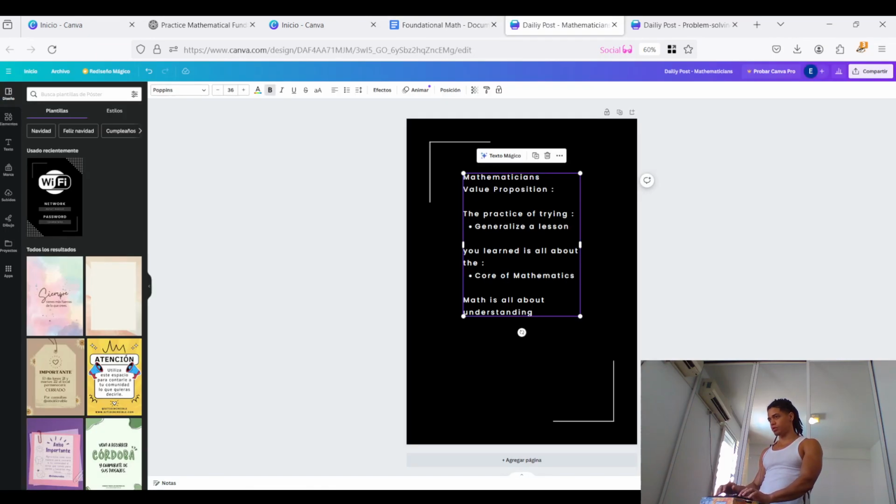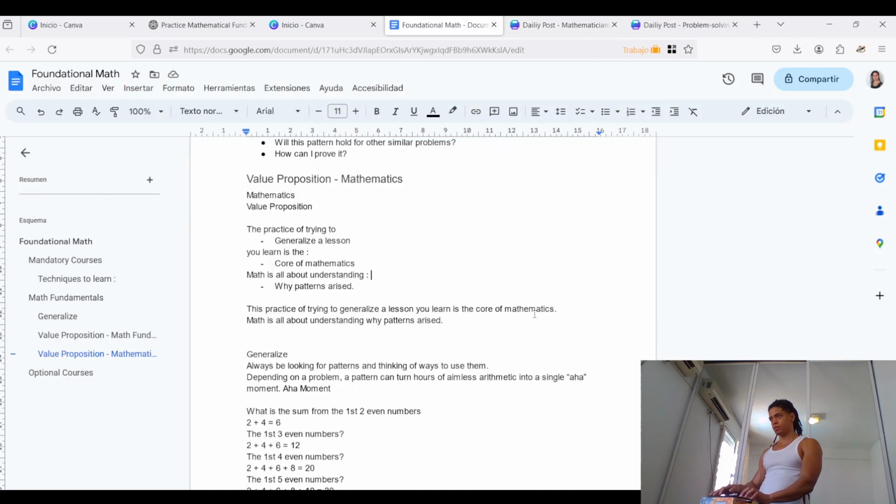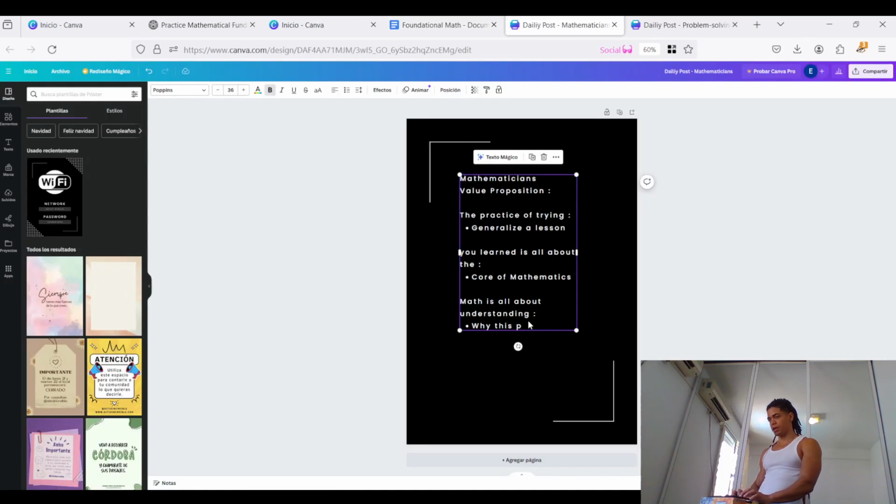So math is all about understanding why patterns arise.